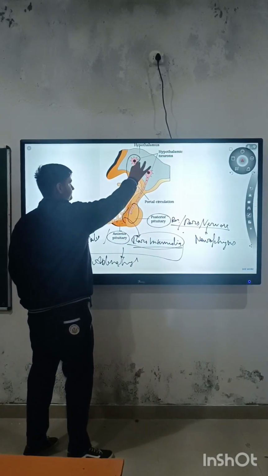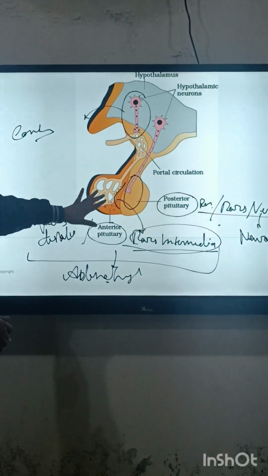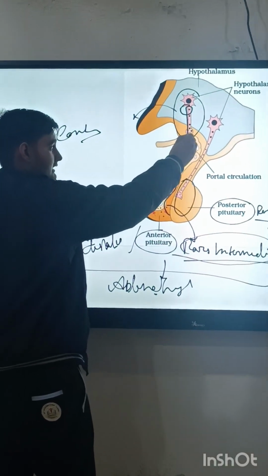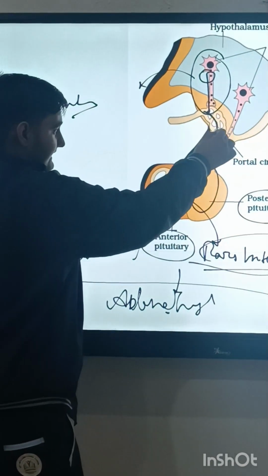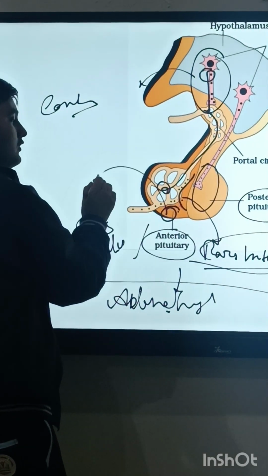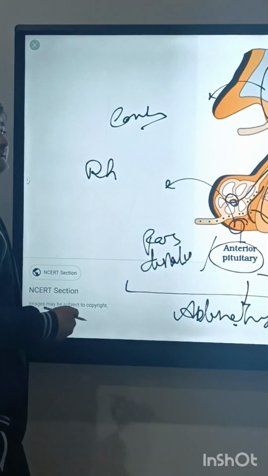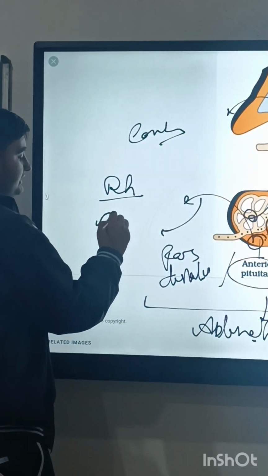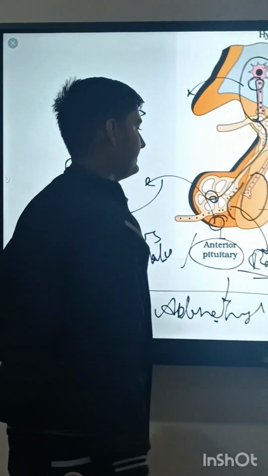This neuron controls and regulates the anterior pituitary, as you see in this diagram. From here, this neuron sends a signal or hormone to this portal system. These capillaries send the signal to this part, and in response to this, the anterior pituitary secretes hormones, which are regulated by releasing and inhibitory hormones.